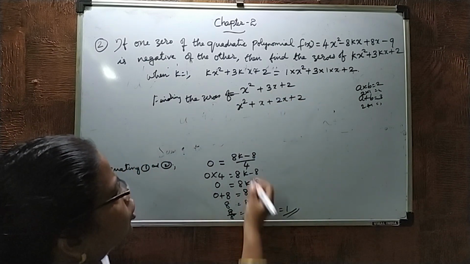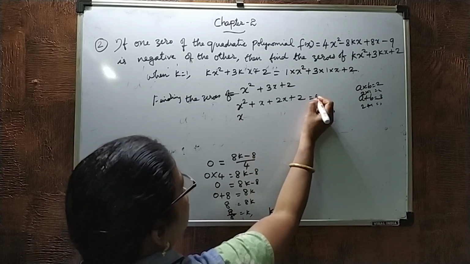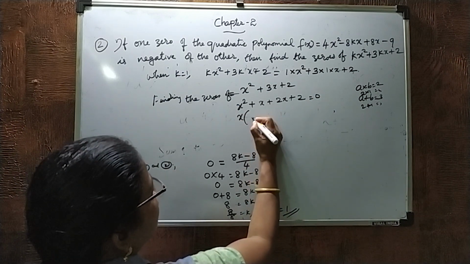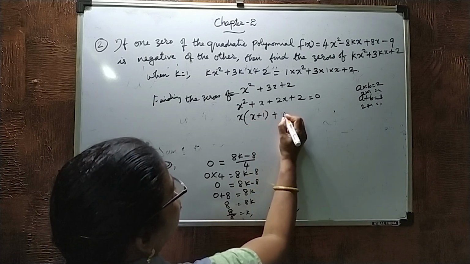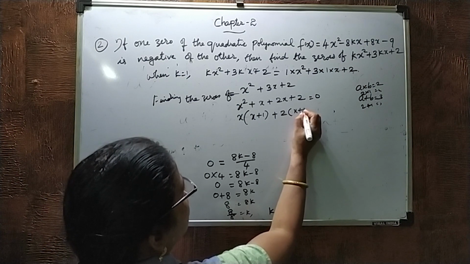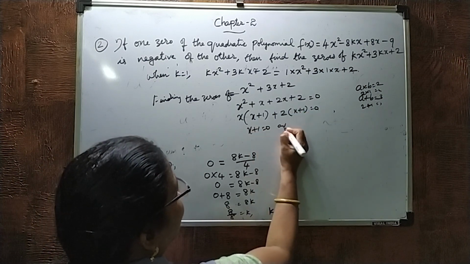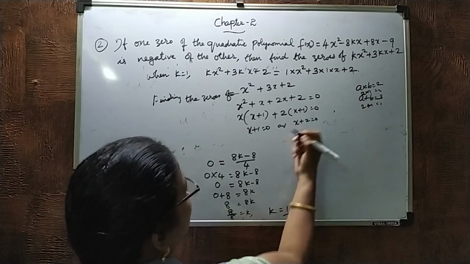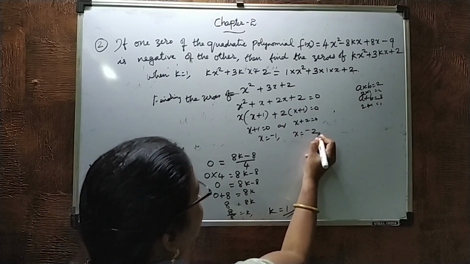It will be equal to 0. Taking x outside, it will be x into x plus 1, plus 2 outside, it will be x plus 1, equal to 0. Then x plus 1 equal to 0 and x plus 2 equal to 0. So x is equal to negative 1 and x is equal to negative 2.